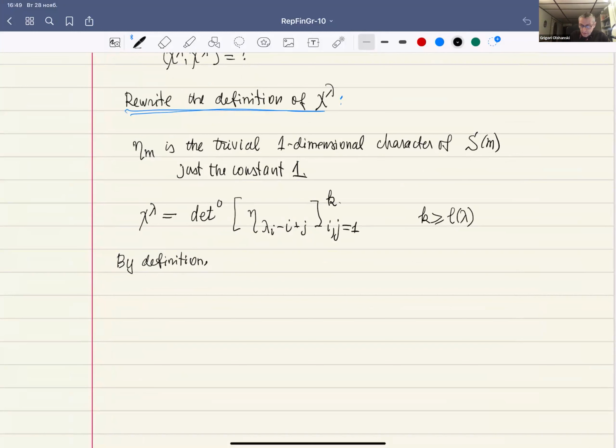So how to understand this determinant? By definition, we have to understand it as follows.